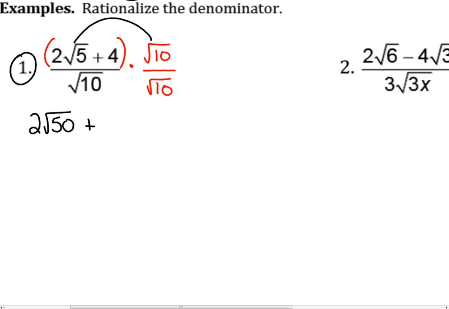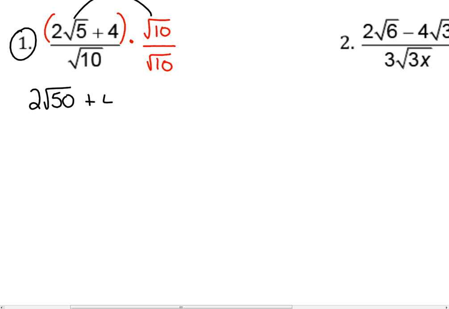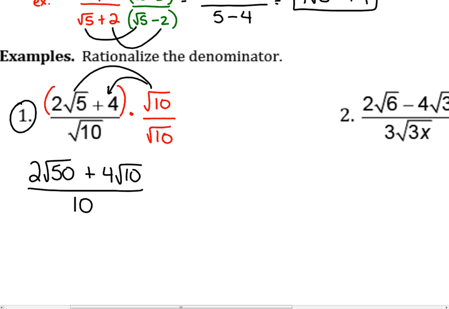So your numerator should look like 2 root 50 plus 4 root 10 initially, all over 10. Okay, so you have to distribute the root 10 into both of them. And so 2 root 5 times root 10, 2 root 50. 4 times root 10, 4 root 10.